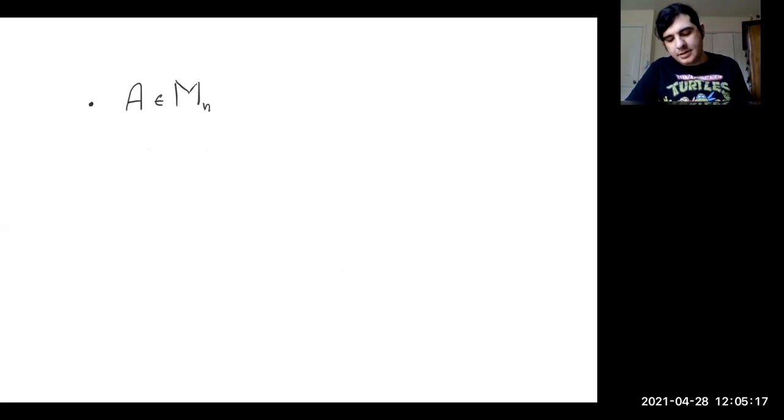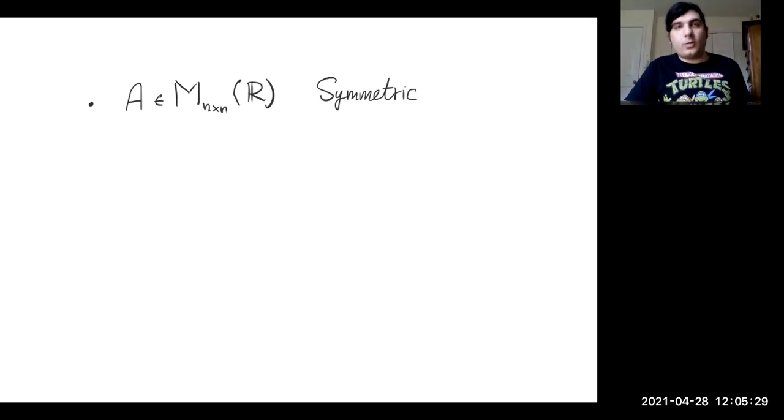Let's say one more thing about these symmetric matrices. So again, suppose A is an n by n symmetric real matrix. It is symmetric. That's still part of our assumption. I can think about A as a linear map from Rn to Rn.